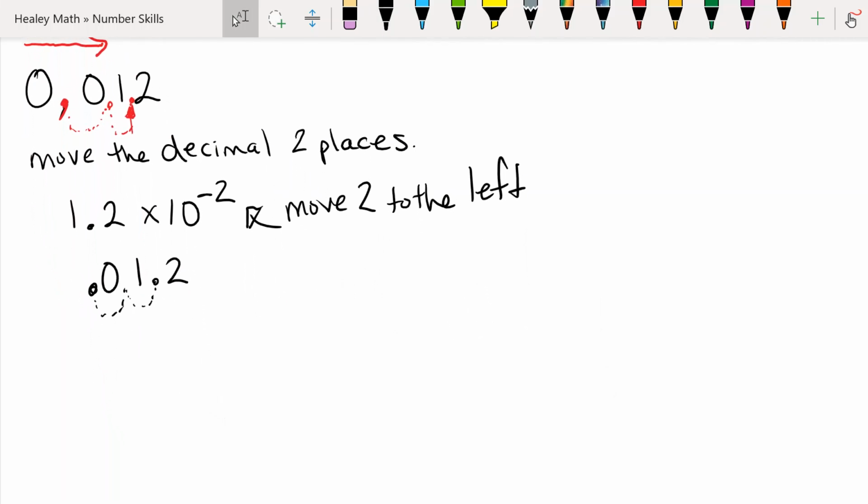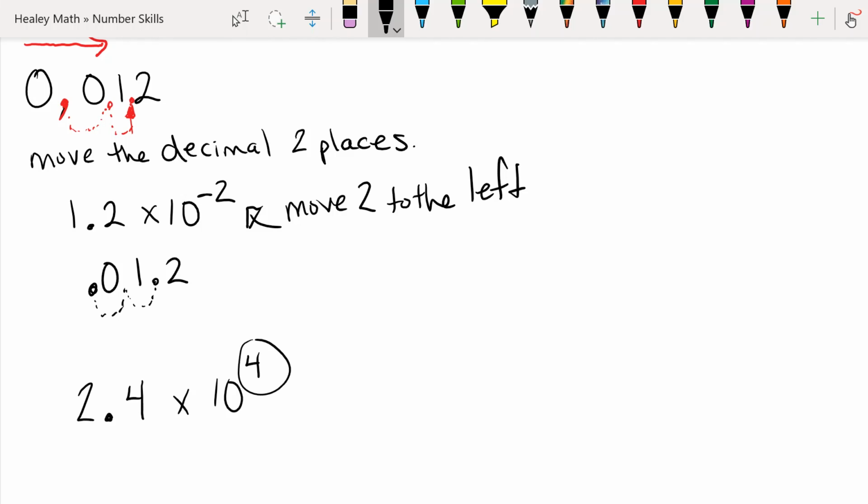In the case where we have to go the other way, here's an example. 2.4 times 10 to the power of 4. We locate our decimal.